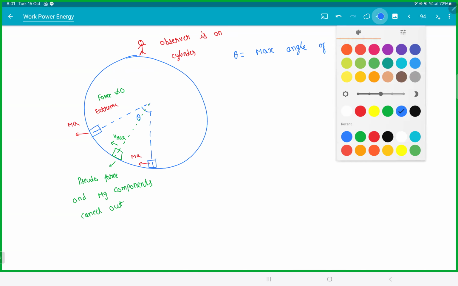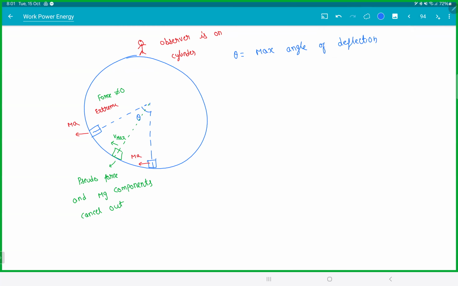So this is your block. This is your state one. This is your state two. I will take the ground as reference.